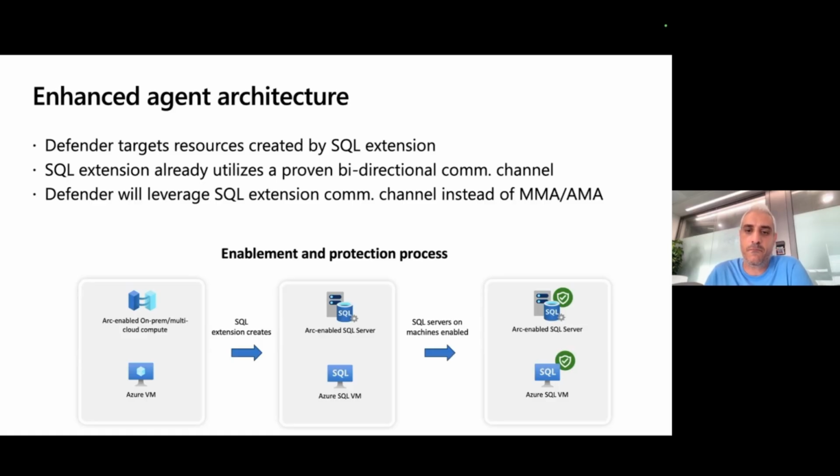Once the SQL servers on machine plan is enabled, we install the Defender for SQL extension, using an existing identity or creating a new identity. And basically that's it. It really simplifies everything and helps you protect most of your SQL server instances in your environment.